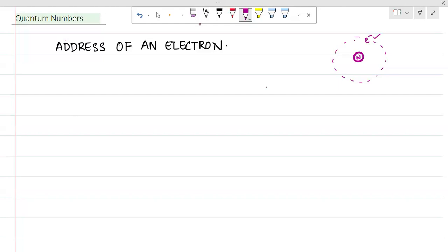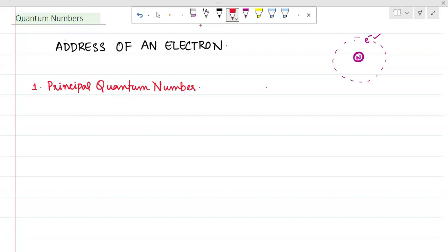For specifying the address, we mainly need 4 quantum numbers, is what we call them. These are numbers based on which we will get the exact location. Each number is associated with certain properties about which we will be learning. The first quantum number that you have to learn, please write it down, is the principal quantum number.